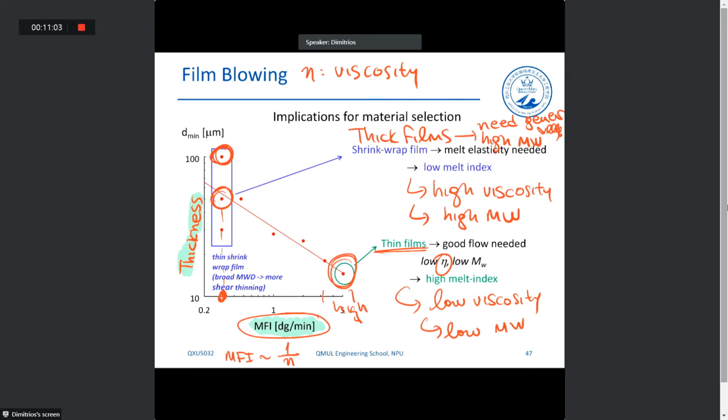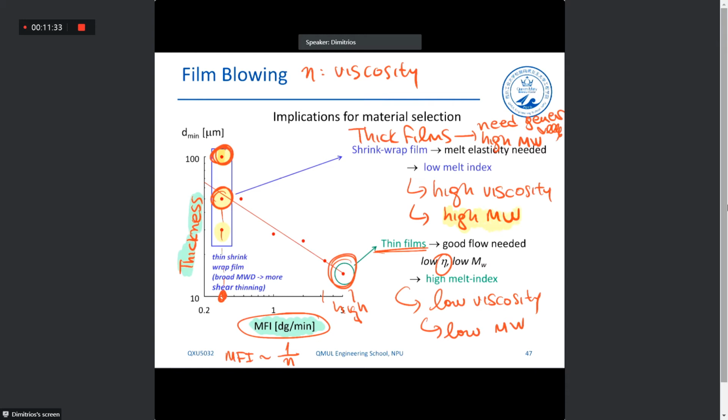So if you want to have thick films, and thick films are expressed in this graph by these two, or even that one as well, experimental values, we can see that we need a low melt flow index, that is high viscosity, and high viscosity is usually observed for polymers with high molecular weights.